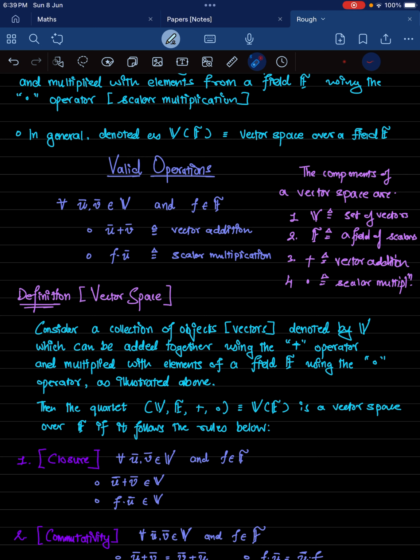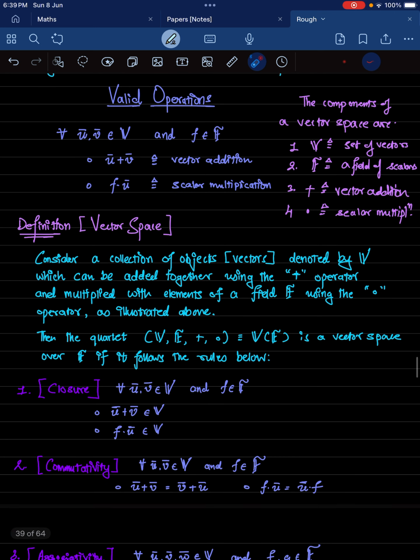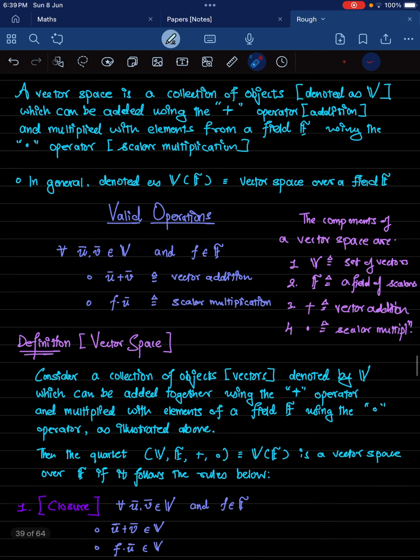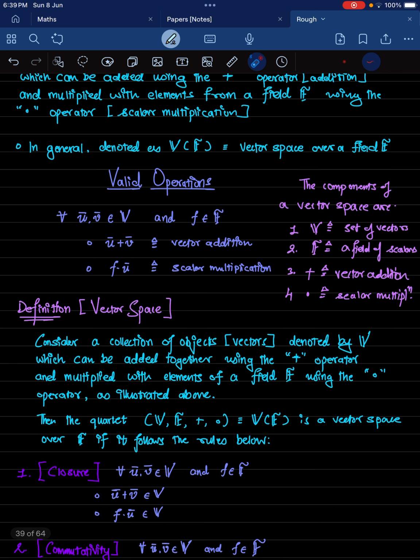I'm denoting the vectors with a bar on top of it, and scalars are plain letters. So please be mindful of which plus and which dot is being used. So f is a field of scalars, plus and dot are the vector addition and scalar multiplication. They are operations on the vectors.